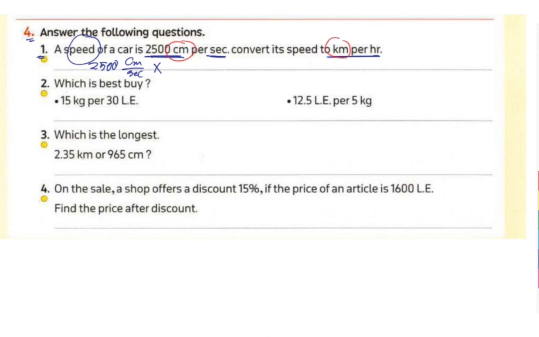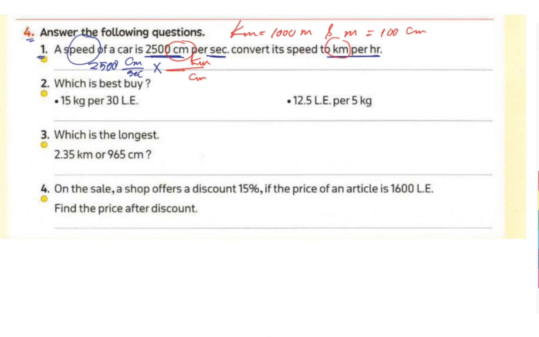First, centimeters, I need to write it down, and kilometers up. I need to find how many kilometers equal how many centimeters. Of course, I know that 1 kilometer equals 1000 meters, and 1 meter equals 100 centimeters.